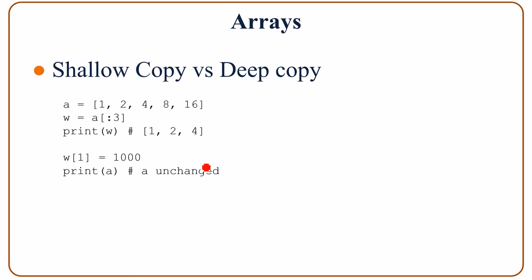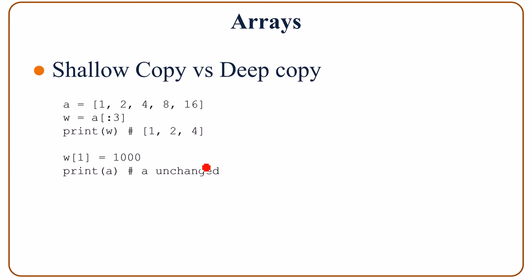Now let's change a little bit. The first line of code is still the same. We create an array and assign a to it, and then we slice the array a, the array which a points to more exactly. We give it indexes starting from 0 to 2.